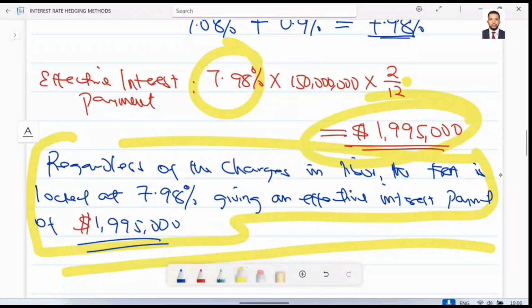You and I have agreed that at the end of 3 months, or 2 months, this is how much you are going to be paid. We locked in that rate. At the end of the 3 months, if the rate is going up or down, how much am I going to be paying to you? This same amount. So it simply means that because this bank is involved, the actual amount they are going to be debiting me is going to be based on the actual movement. Now let's put the figure to it.